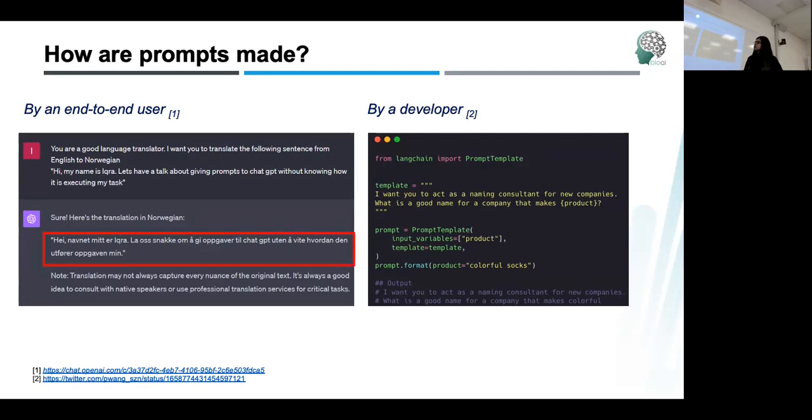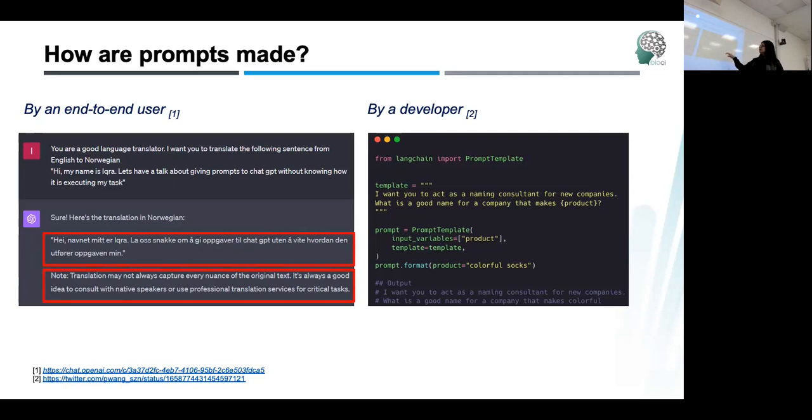In the first example, I'm asking ChatGPT to translate the following sentence from English to Norwegian: hi, I'm Iqra. Let's have a talk. This is giving prompts to ChatGPT without knowing how it is doing the task. It will translate it into the language, but with a warning that it does not know how the language is translated, so you may need to ask a professional about it. So that's something for the end user.